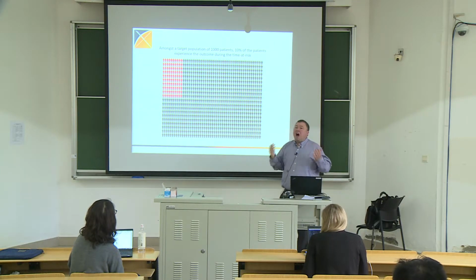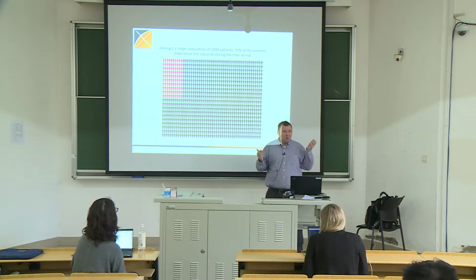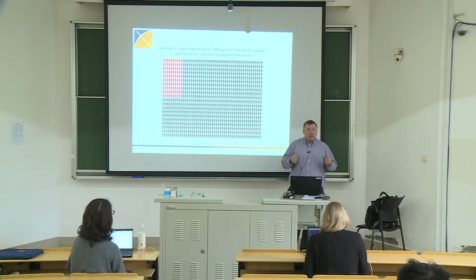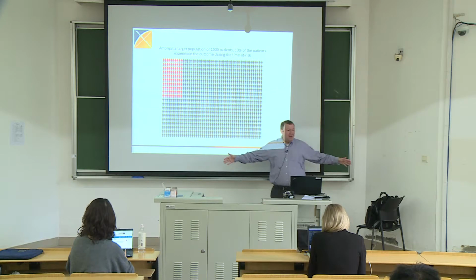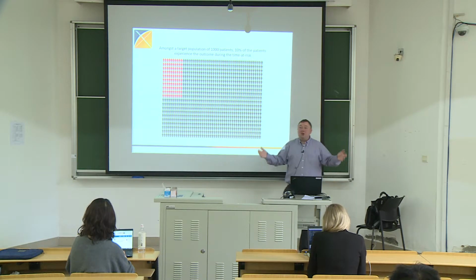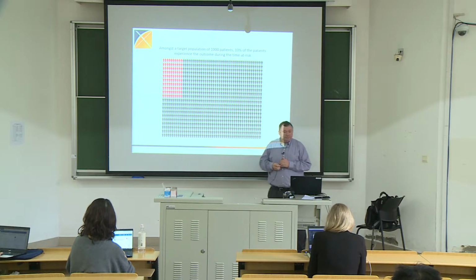If we do not have a prediction model, then the only appropriate thing we can do as doctors is treat all patients equally. We're going to do the same thing for every single patient because we don't know how to do things differently for different patients.